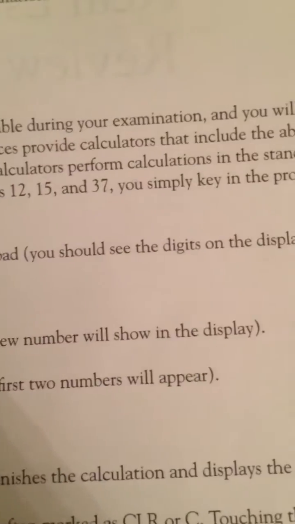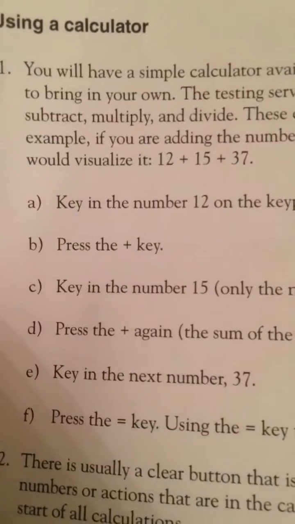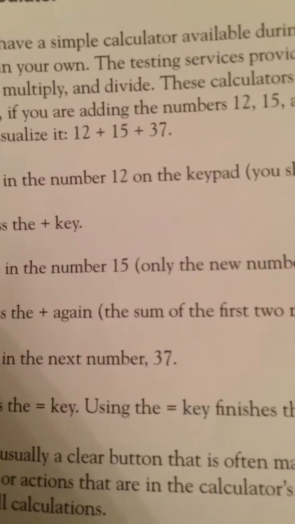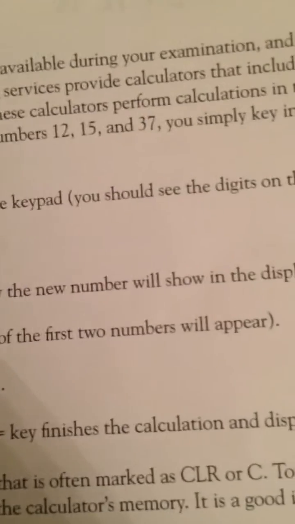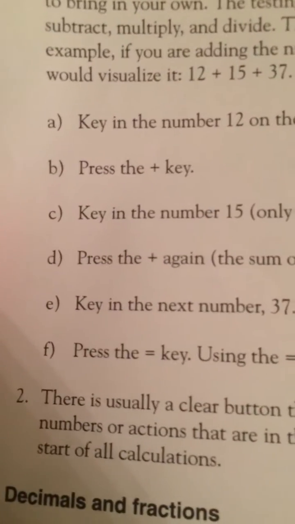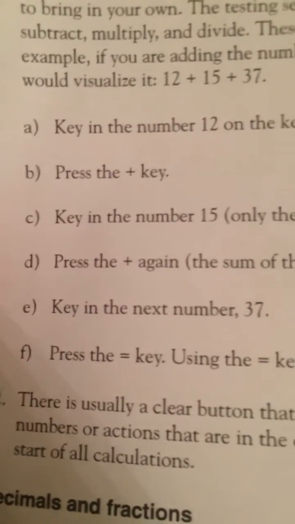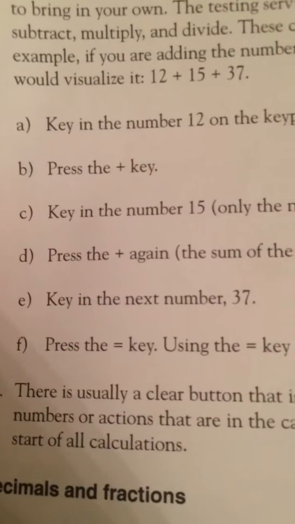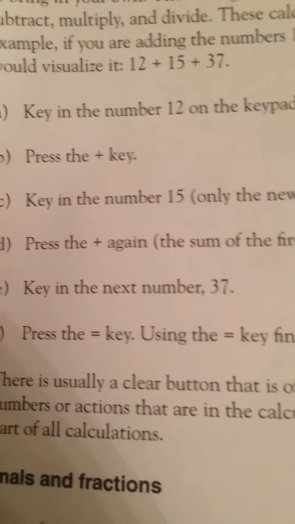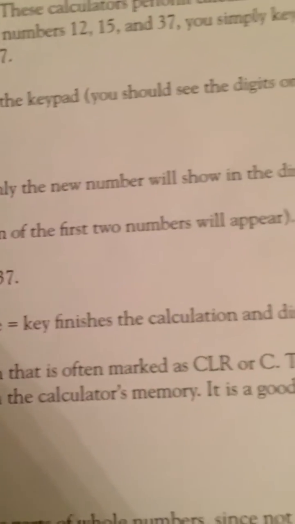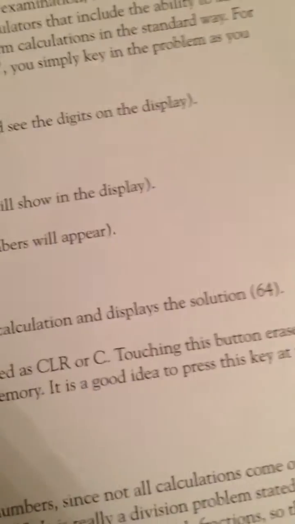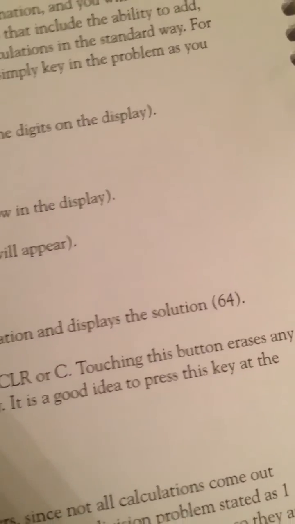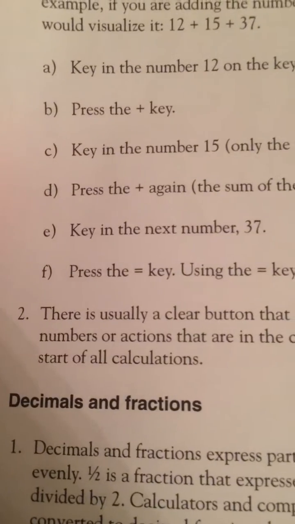Only the new numbers will show in the display. D. Press the plus sign again. The sum of the first two numbers will appear. E. Key in the number 37. F. Press the equal key. Using the equal key finishes the calculation and displays a solution, 64.